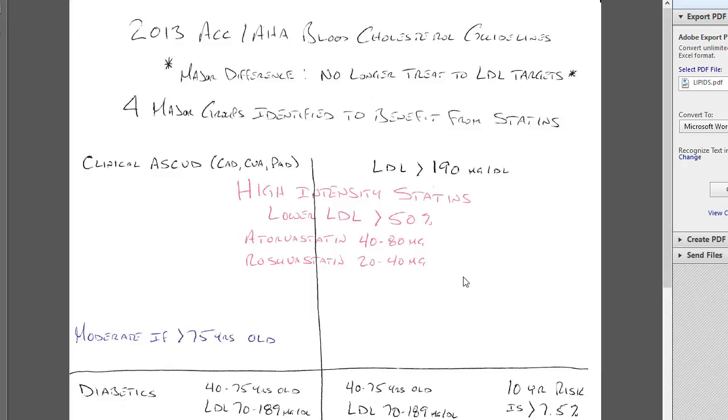In 2013, the American College of Cardiology, ACC, and the American Heart Association got together and proposed these new guidelines that they entitled blood cholesterol guidelines. They actually approached the folks that wrote the ATP3 guidelines and proposed this as being ATP4.